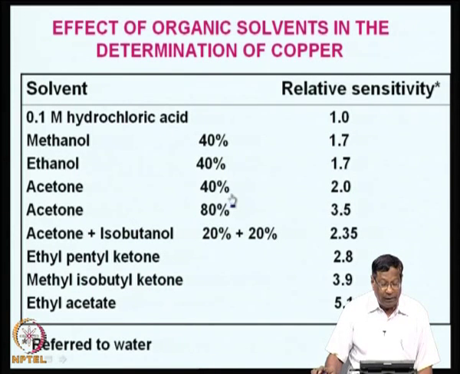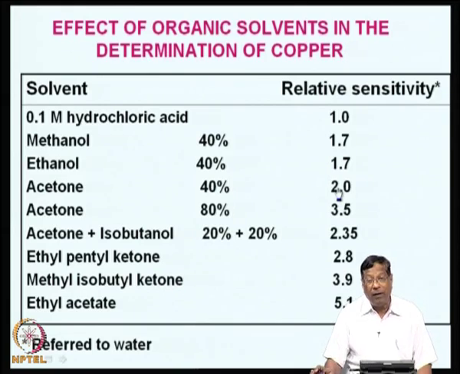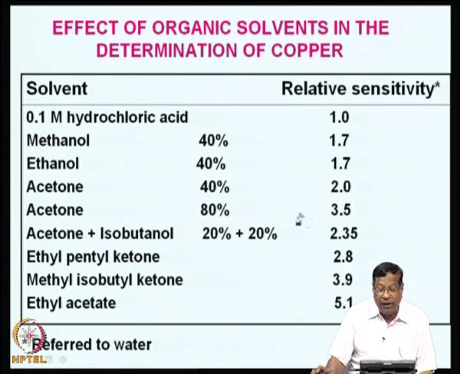If you increase the acetone concentration to 80% instead of 40%, then the signal gets enhanced 3.5 times, all because these solvents burn with exothermic energy, increasing the temperature of the flame and subsequently increasing the atomic population, which results in an enhanced absorbance signal.